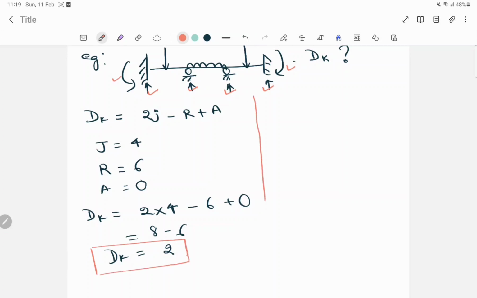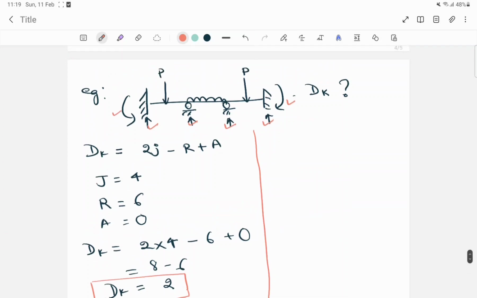Now again we'll see the alternative way of finding the dk value. So here what we have to do is, like this we'll do, and then the fixed and the support and the fixed, we'll separate all those now. So here we have to avoid those.